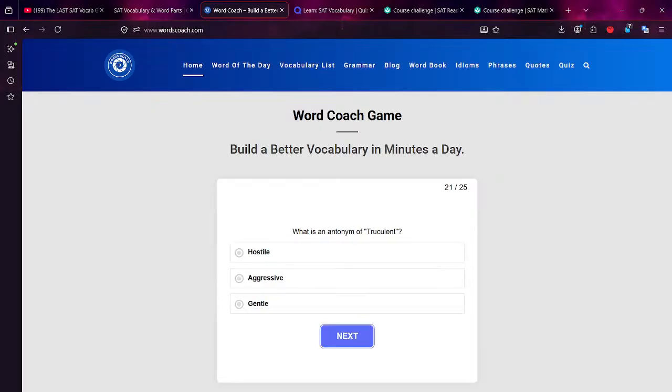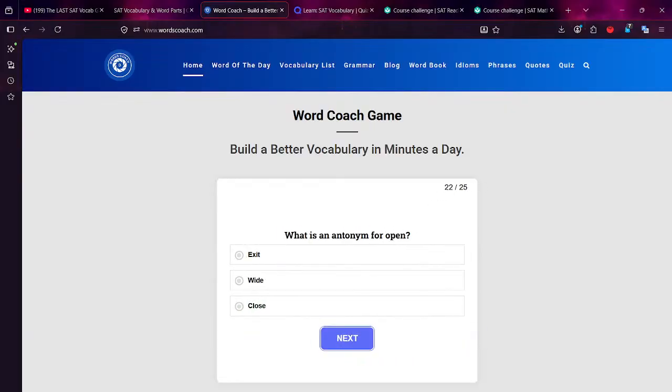Antonym of truculence. Hostile and aggressive mean similar, so I'm gonna go with gentle. Antonym for open is gonna be close, right?